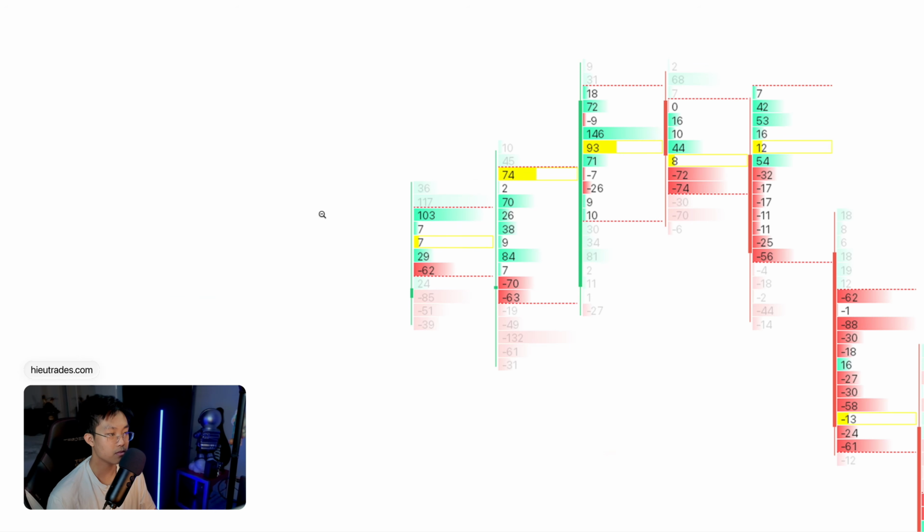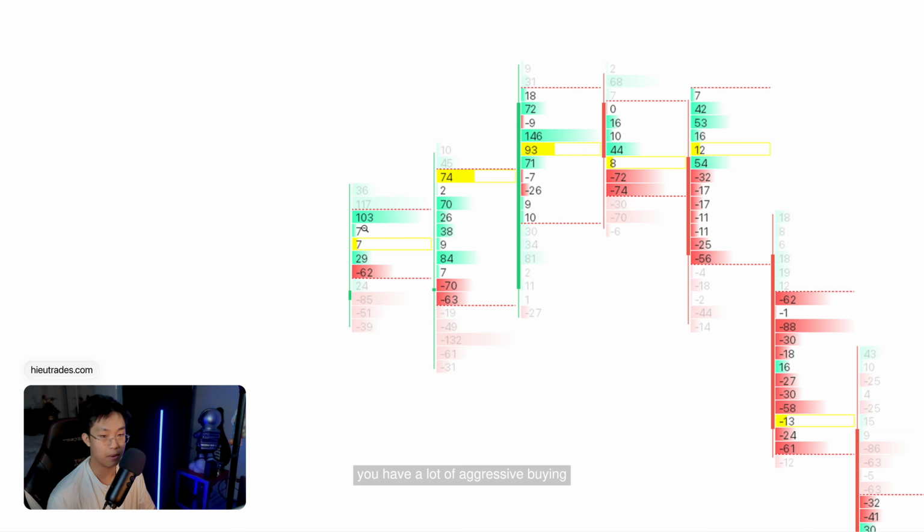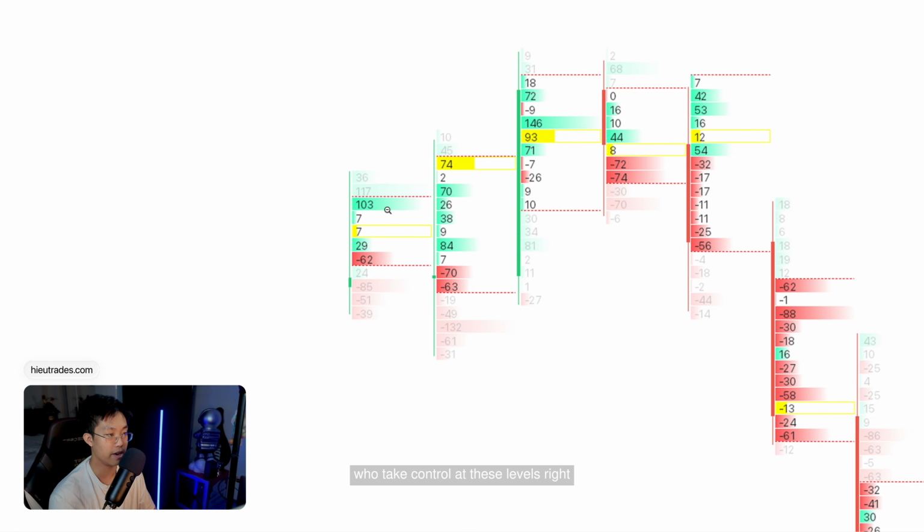And when that happens, price will start to stall and aggressive buyers are no longer being rewarded with higher price action. The market has no reason to continue moving in the direction of that demand if the demand is insufficient in comparison to the supply. So that is exactly what you have here. You have a lot of aggressive buying who take control at these levels, right?